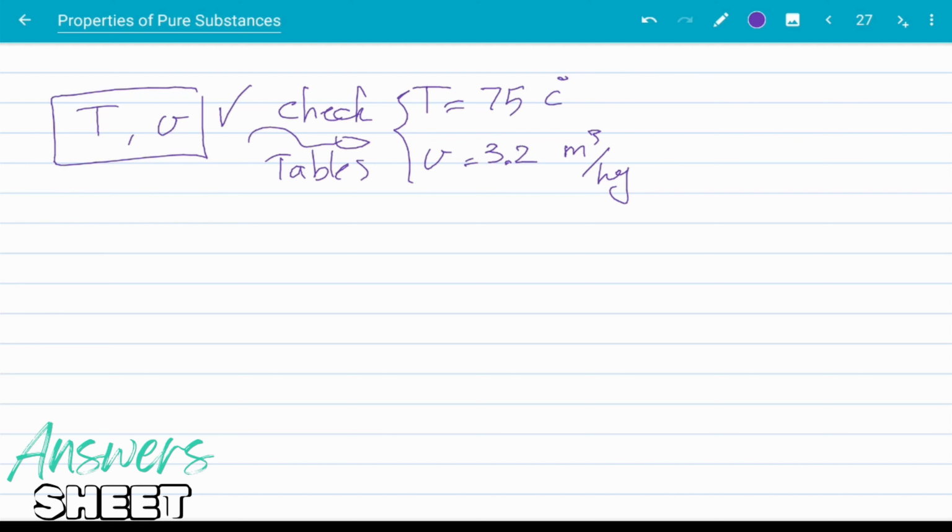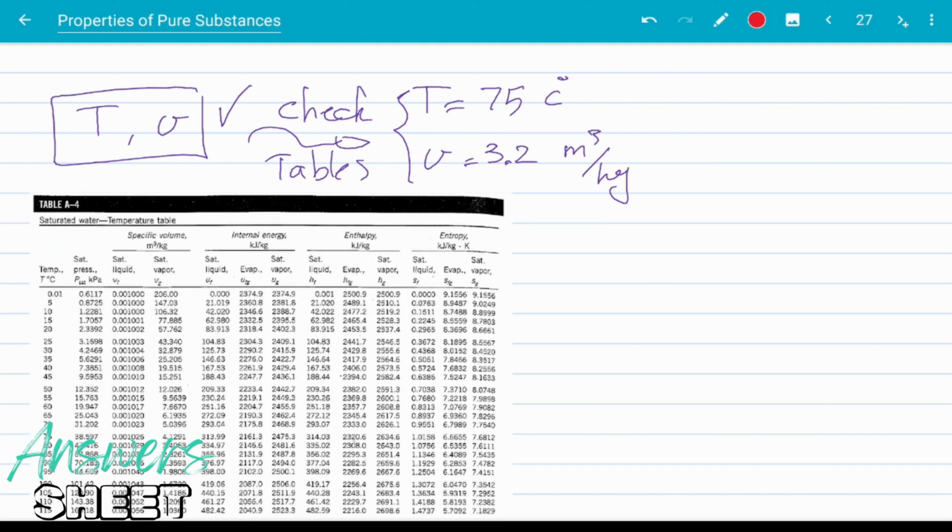So we are going to check the tables. Okay, so this is a property table. I'm going to check the temperature here. The temperature column is here, and 75 degrees is here on the table. Under the columns of specific volume of saturated liquid and saturated vapor, you can read two numbers.